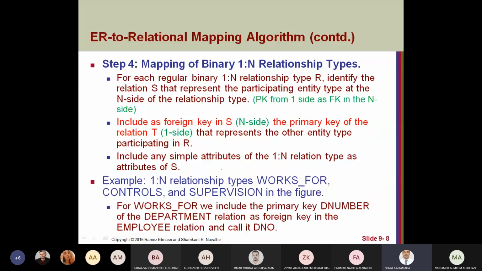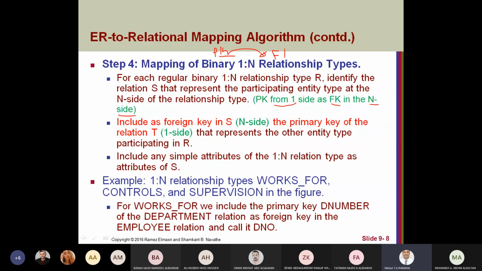If we have a one-to-many relationship, it's very simple. You just take the primary key from the one side as a foreign key inside the many side. So if you have a one-to-many relationship, you will take the primary key from the side of one into many, as a foreign key.